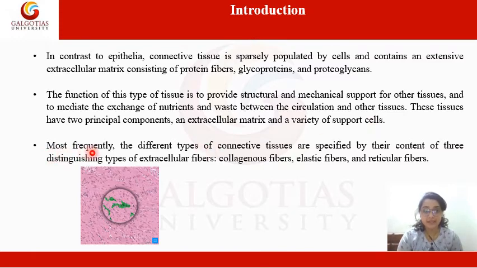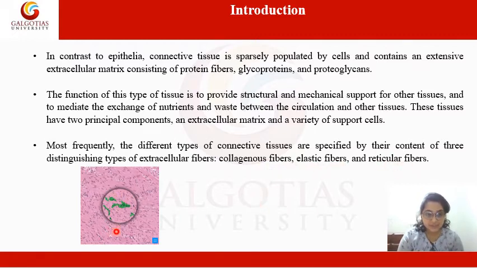Most frequently, the different types of connective tissues are specified by their content of three distinguishing types of extracellular fibers: the collagenous fibers, the elastic fibers, and the reticular fibers.